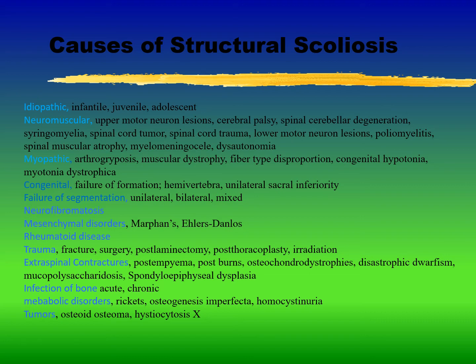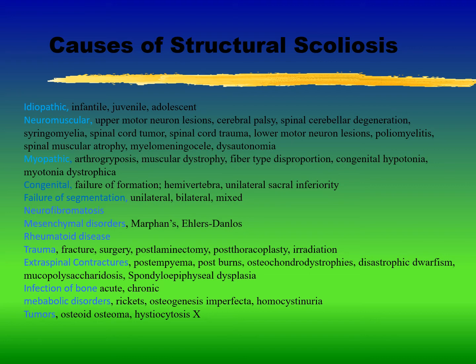Metabolic disorders are typically diseases that cause bone softening, and adaptations can occur based on the type of stress put on the spine. And tumors, again, the tumor itself can be a space-occupying type tumor, and the body adapts itself away from the tumor to make room for it until it becomes a point where you have to address it directly, or it can get into the vertebral body, cause a compression and develop a scoliosis from there.